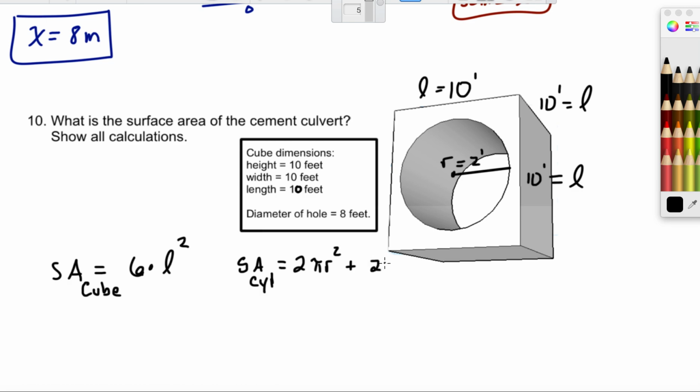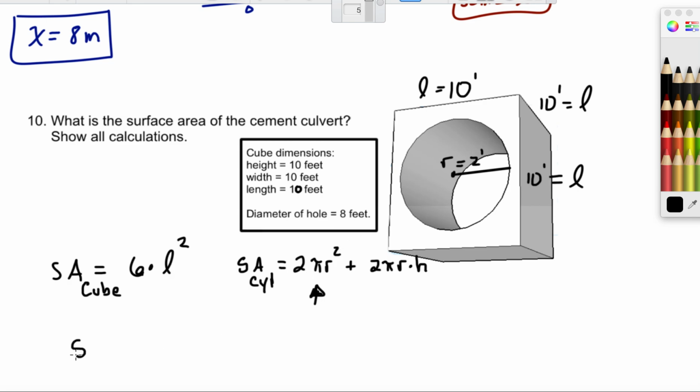And we just said before, that's 2 pi r, the circumference, times the height. We just saw that in the previous problem. Now, we are subtracting these two circles from our surface area, but we're adding this interior curve right here inside the culvert.